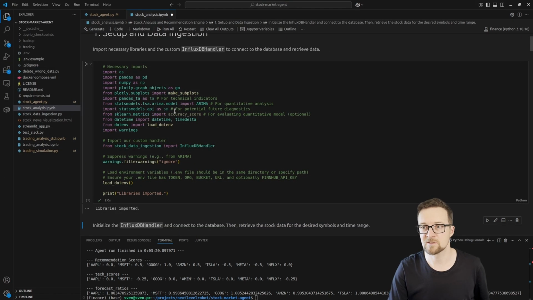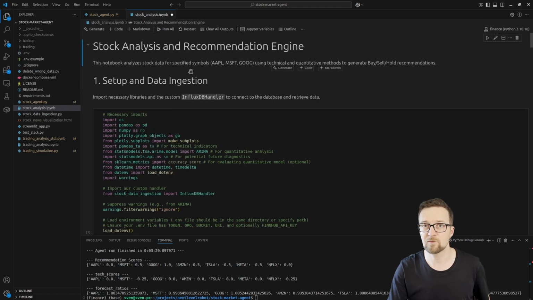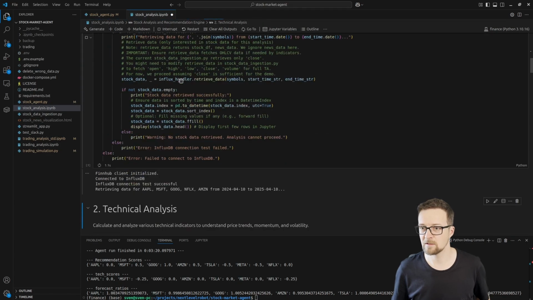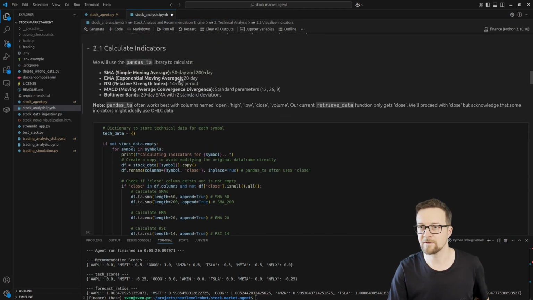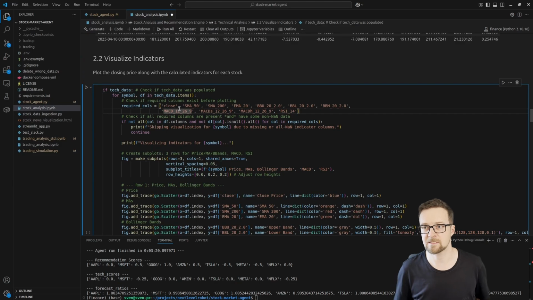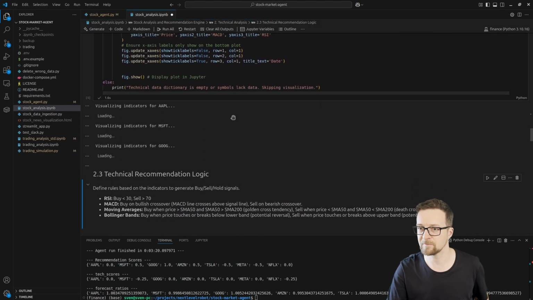In the stock analysis Jupyter notebook, you would find some background information about the different metrics. You can just run it and see how the different metrics are calculated, like the simple moving average, RSI, Bollinger Bands, and so on, and even get some visualization.